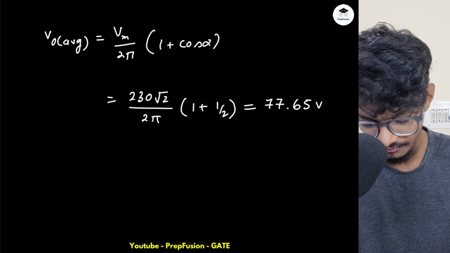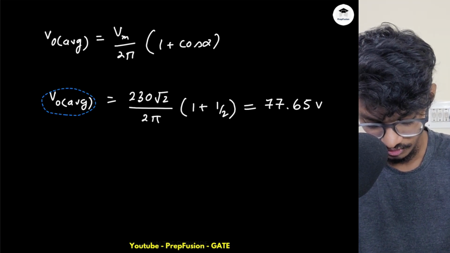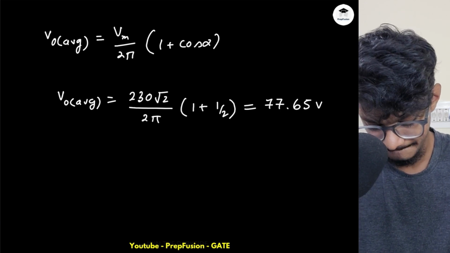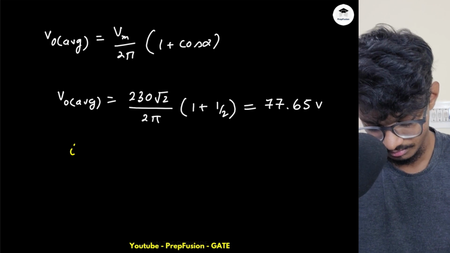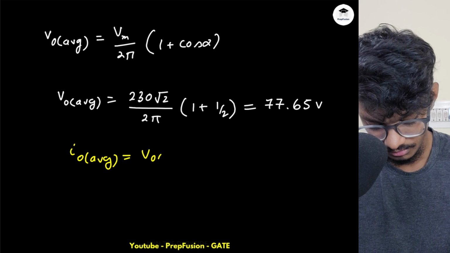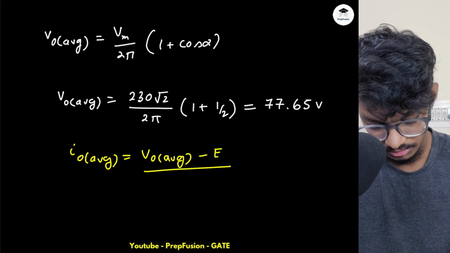Okay, so this is my VO average. What about my IO average? IO average will be simply my VO average minus E by R.